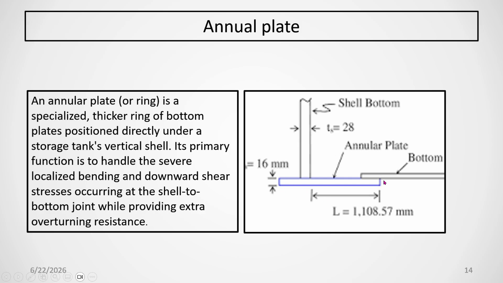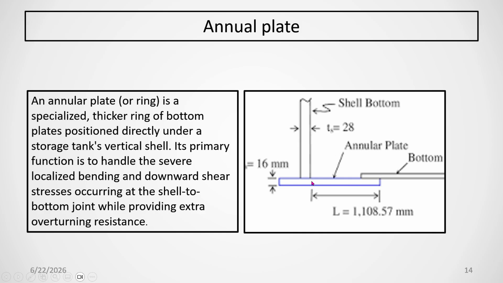And how much distance will there be from the center of the vertical shell? It will be at least 1 meter, around 1.1 meter distance, then overlapping will be there. So this is called the annular plate.